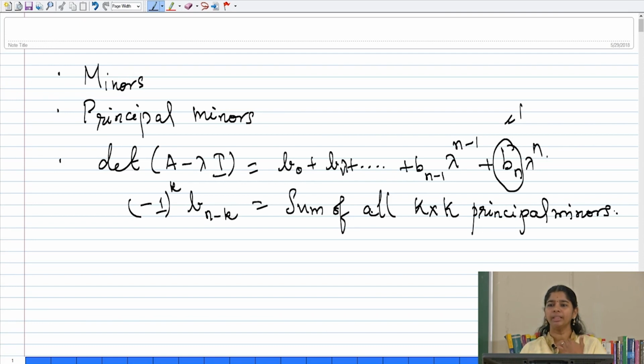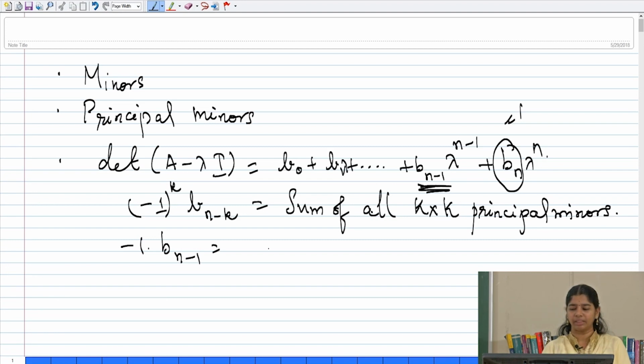So if you look at this Bn minus 1, what is that? I will have minus 1 into Bn minus 1, which is nothing but the sum of all principal minors of order 1. What is the principal minor of order 1? All the diagonal entries.